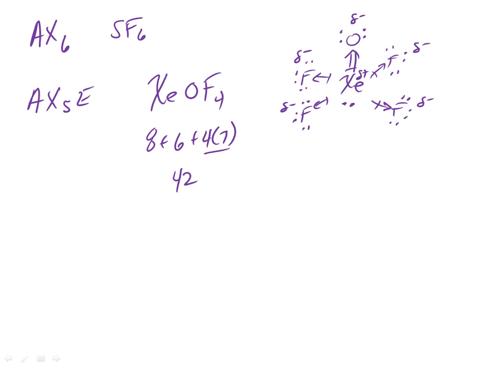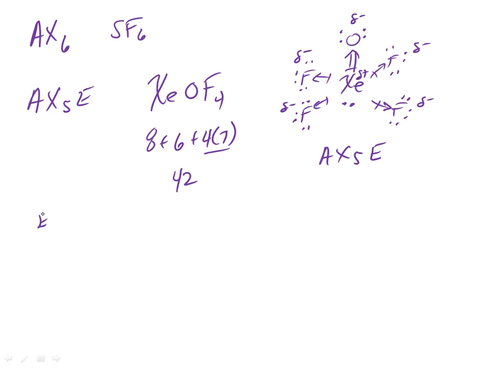Alright, so we're ready to continue with this and use VSEPR to come up with the geometry. The classification for this is AX5E, that's correct. Alright, so I want to stress this part.